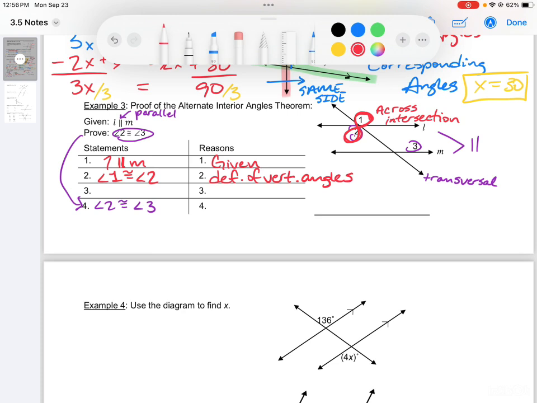We know that vertical angles are across from each other at an intersection, and they're equal. And then we can go ahead and say that 1 and 3 are equal because they're same side corresponding angles. Angle 1 is congruent to angle 3 because they are corresponding angles.